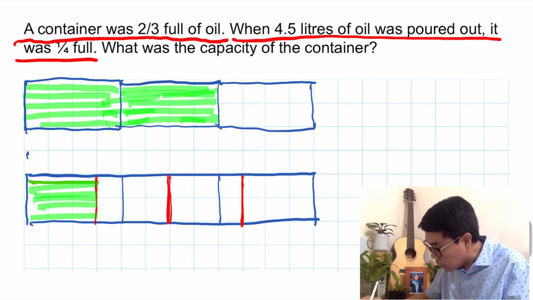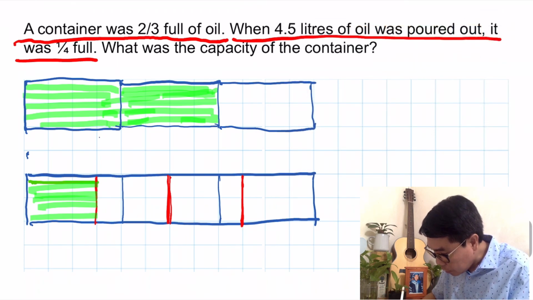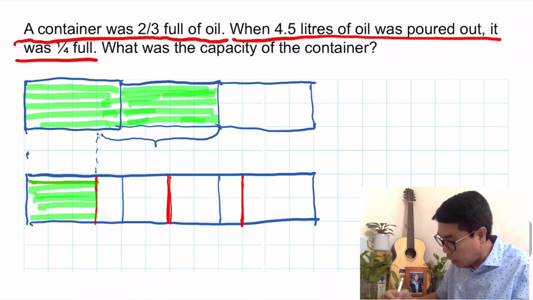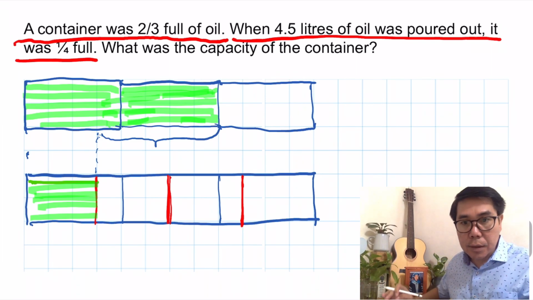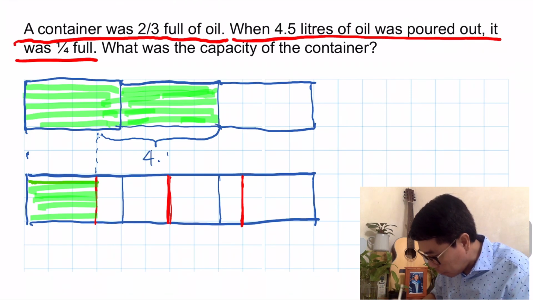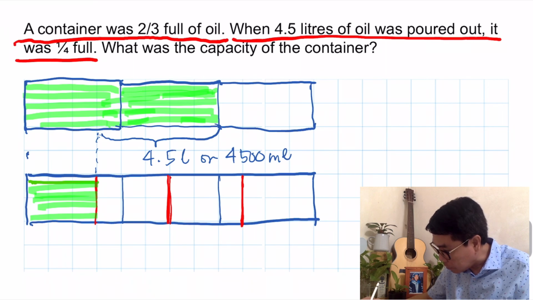Now we're going to find out how much this one is, the part poured out. It is 4.5 liters or 4,500 ml.